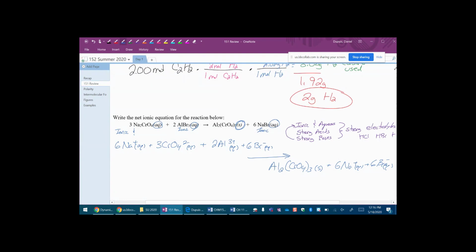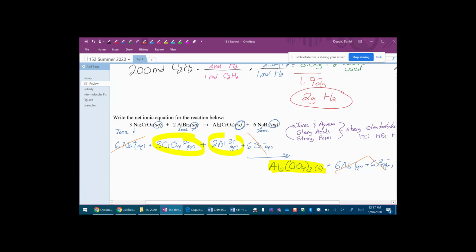All right, spectators. Well, we know this is what's being made. So that means I need aluminum and I need chromate. That means sodium should be a spectator ion and bromide should be a spectator ion, and they are.